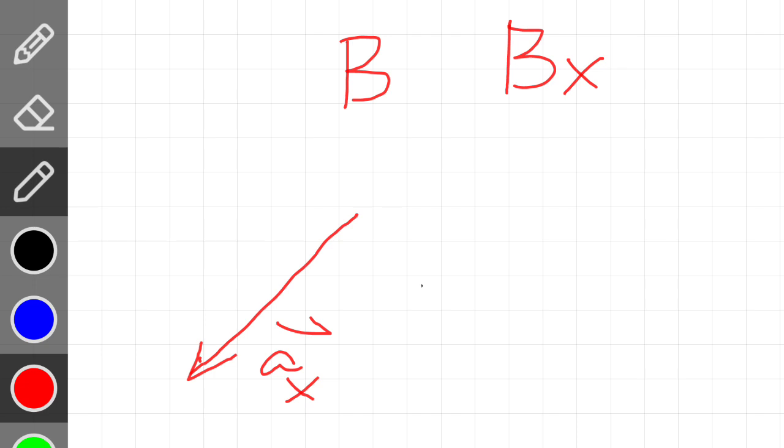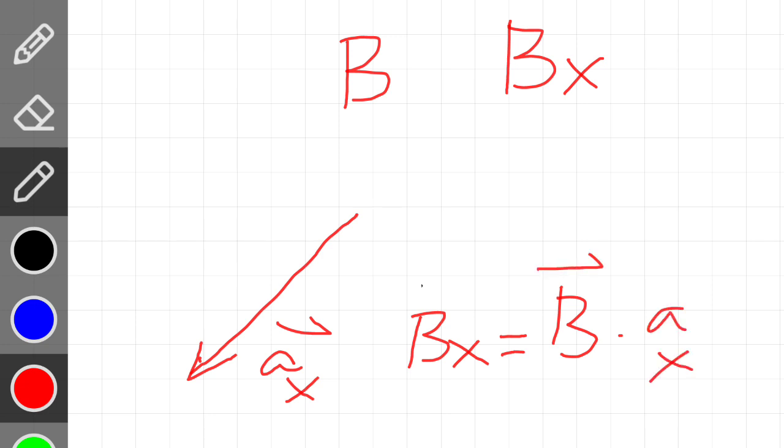So bx, the component of this vector along x-axis, will be equal to b dot ax.